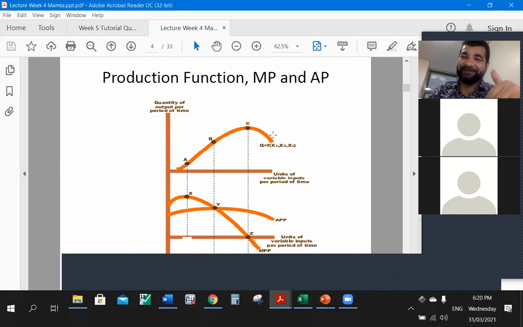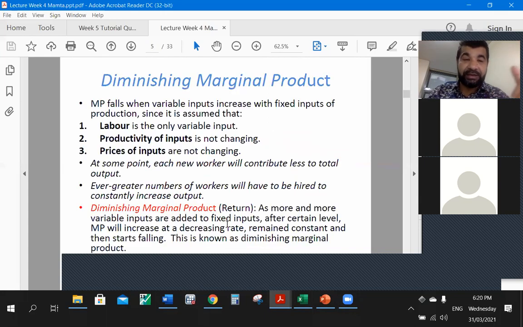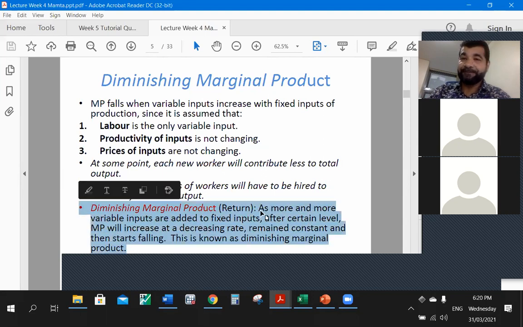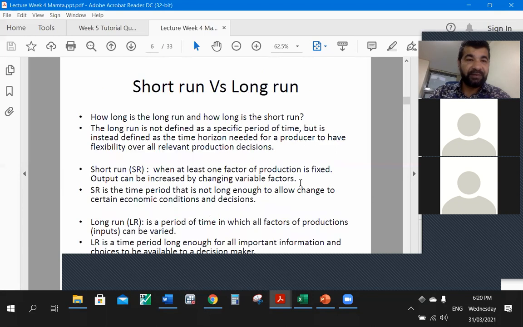And the diminishing marginal product is meant here: as more and more variable inputs are added to fixed inputs, after a certain level, marginal product will increase at a decreasing rate, remain constant, and then start falling. This is known as the diminishing marginal product. I'll come back and talk about it more.